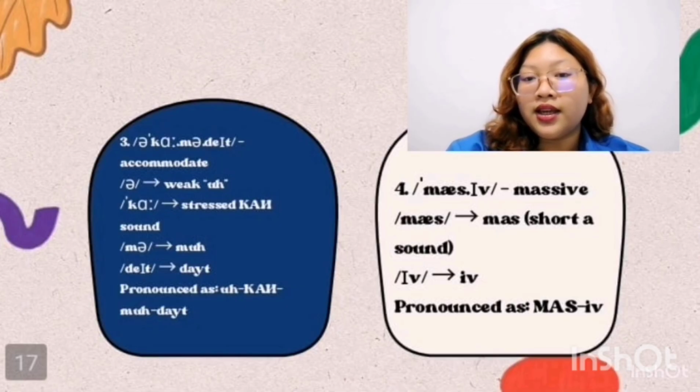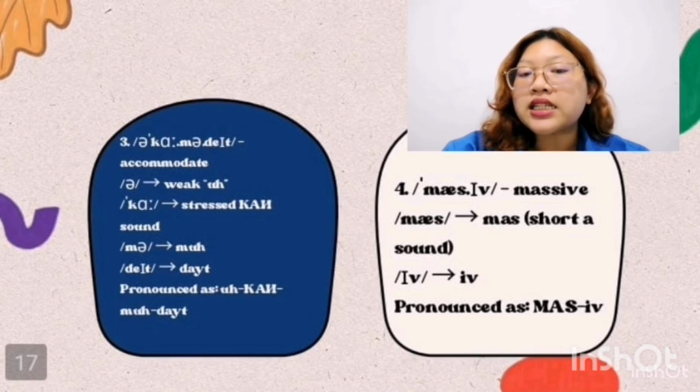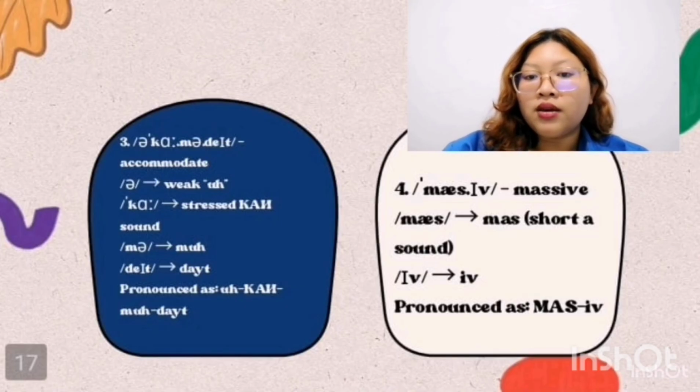Accommodate. And the next word is massive. "Mass" has a short "a" sound. Mass, and "iv". So massive.